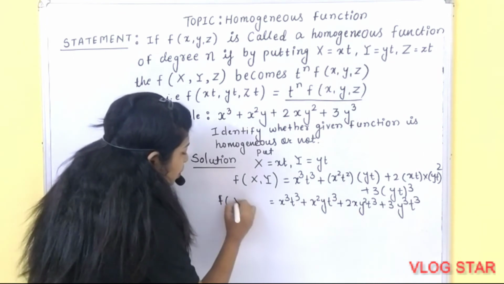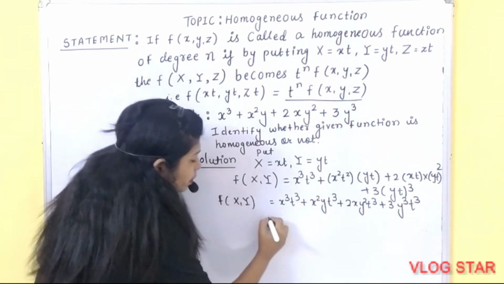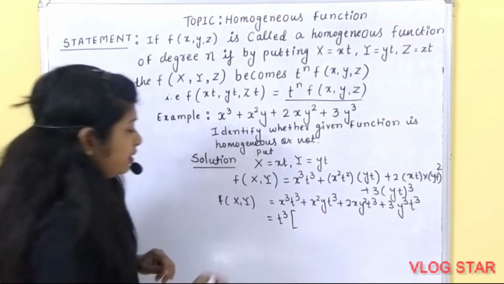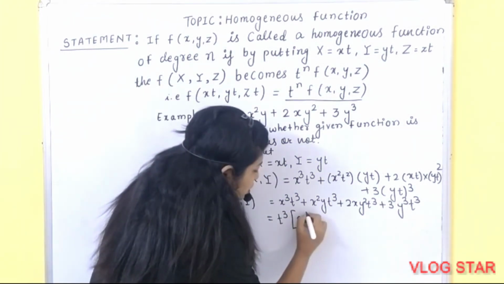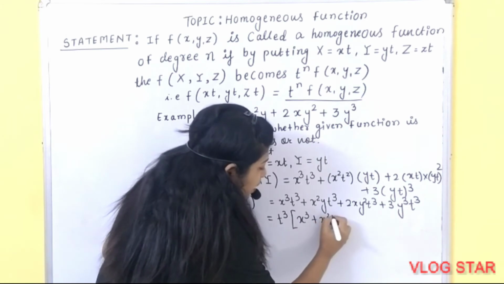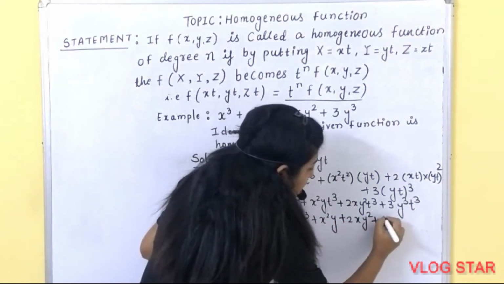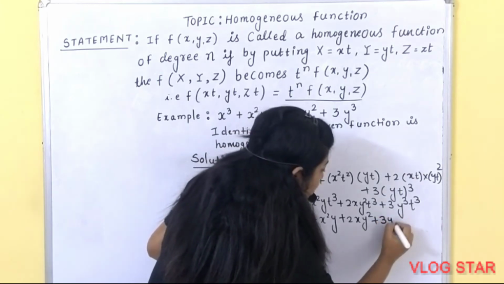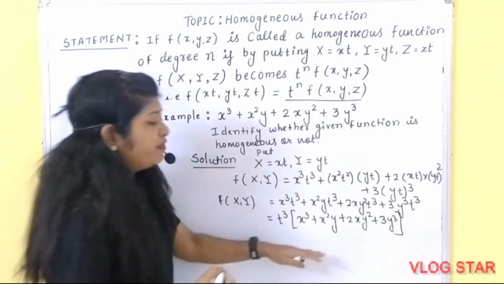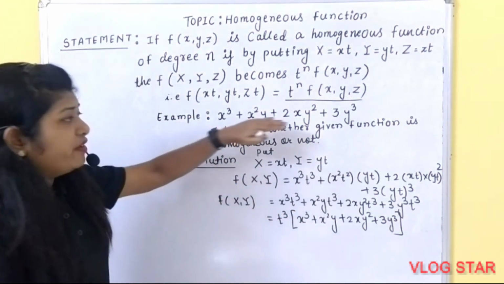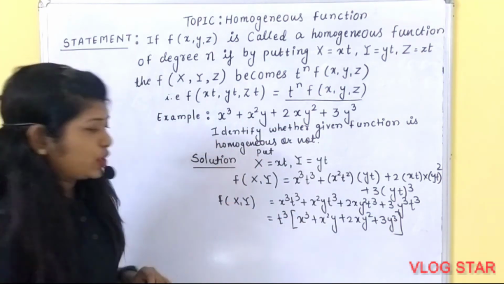If you take t cube outside the bracket, what is left inside? x cube plus x square y plus 2xy square plus 3y cube. That's it. And if you check, this is nothing but the given function f of x comma y.